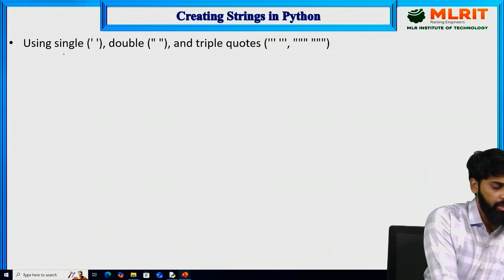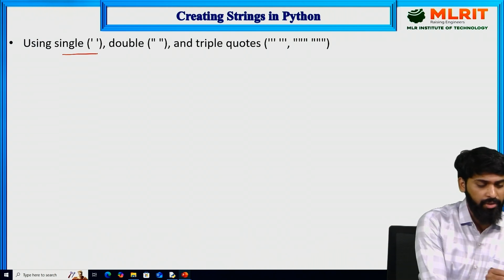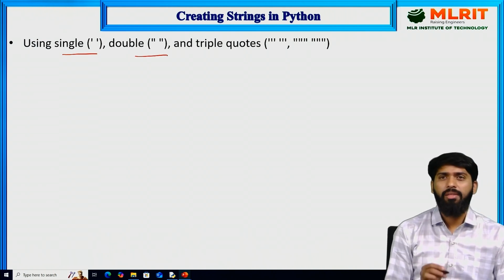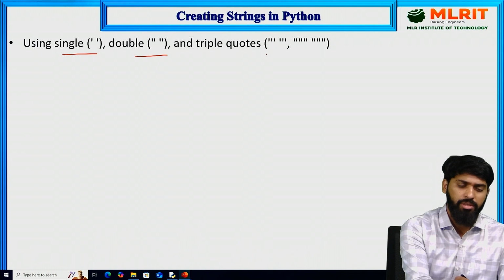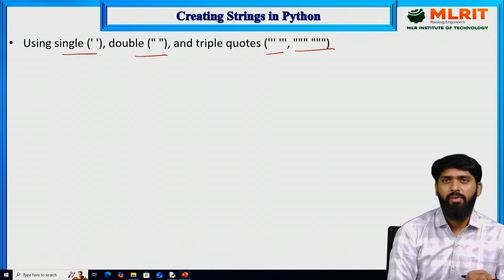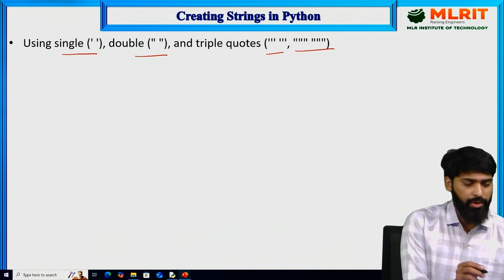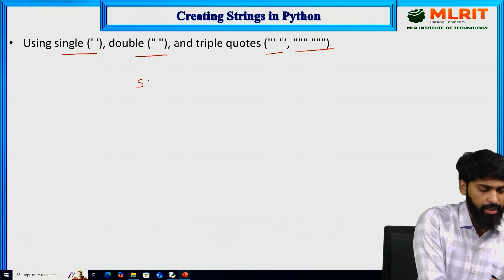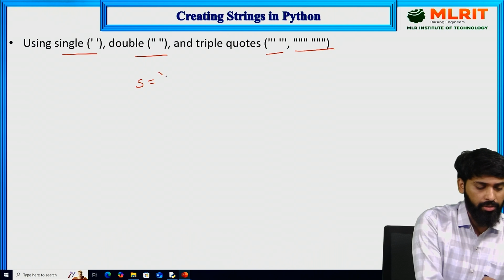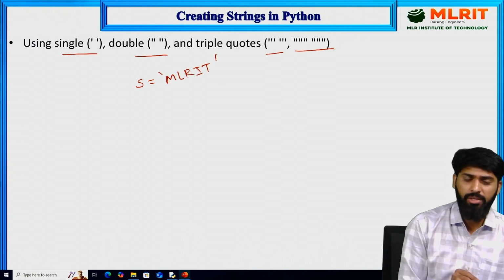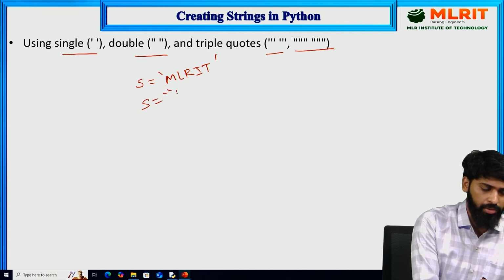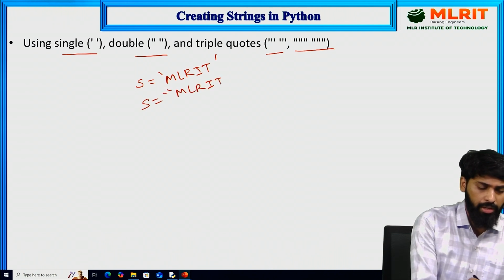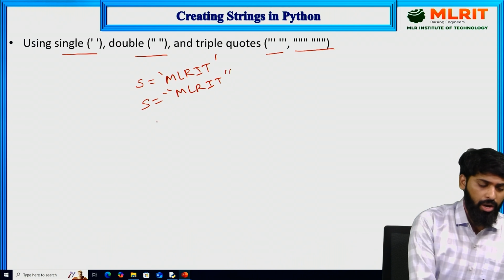Creating strings in Python: we can create strings in multiple ways. One is using single quotation, another is double quotation, and the third is triple single quotations or triple double quotations. Let us see one by one. For example, I want to declare a variable S equals to MLRIT. This MLRIT I can define in single quotation, or in double quotation, or in triple quotation.